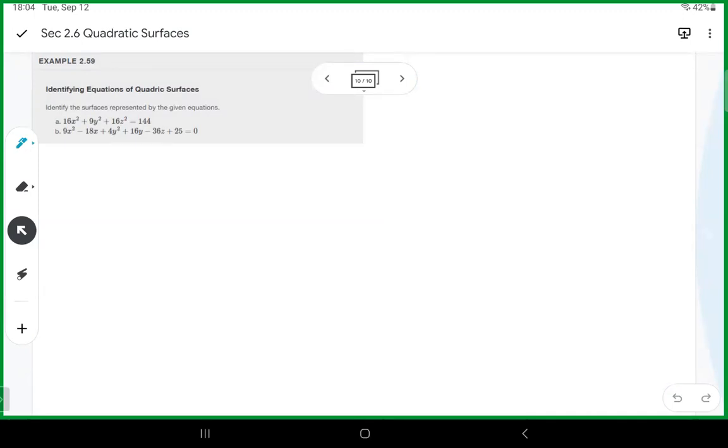Okay, so this is our last example in 2.6. It says identifying equations of quadratic surfaces. Identify the surfaces represented by the given equations. So for A, we're given 16x squared plus 9y squared plus 16z squared equals 144.